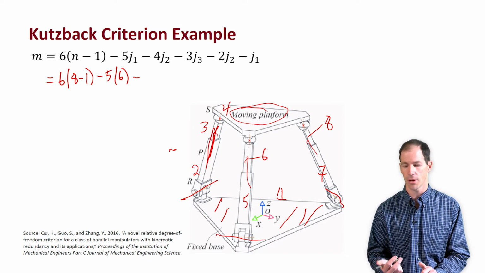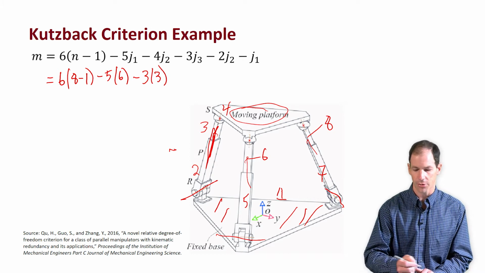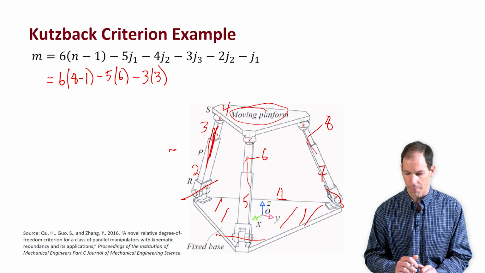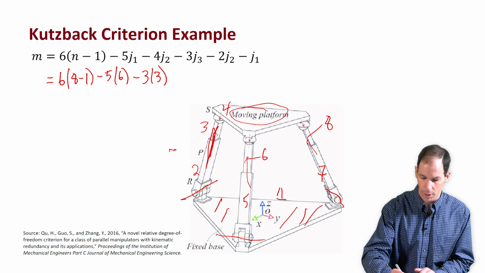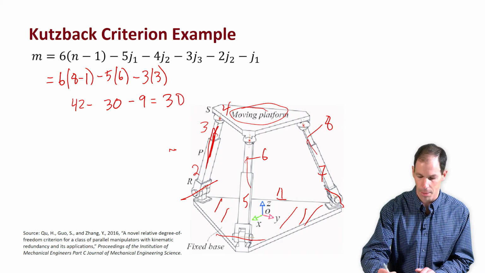But I do have 3 J3 joints that happen to be my spherical joints, so I'll subtract off 3 times 3. So when I put all this together, I get 42 minus 30 minus 9, or a total of 3 degrees of freedom.